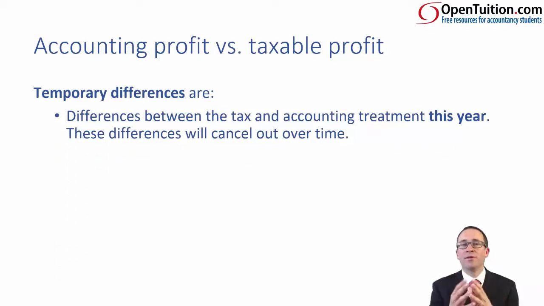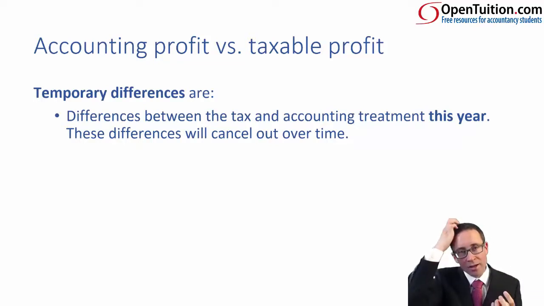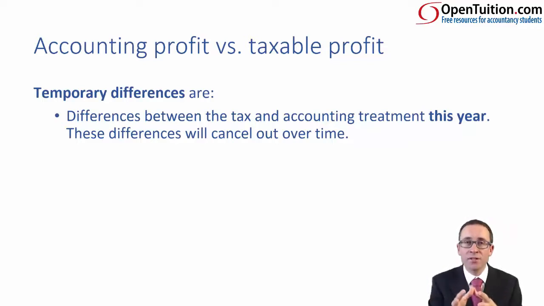Essentially, a temporary difference is whereby something goes through PBT one year at a determined rate, but goes through PCTCT at a different rate. So there is a difference between the tax treatment and the accounting treatment in the year. And what will happen is that these differences will go through there and cancel out over time.